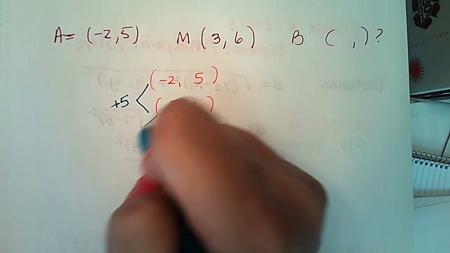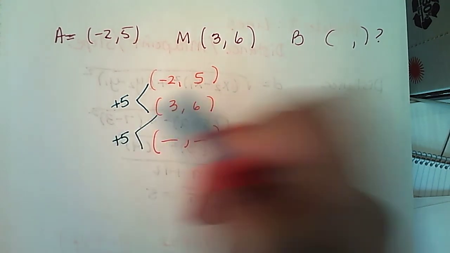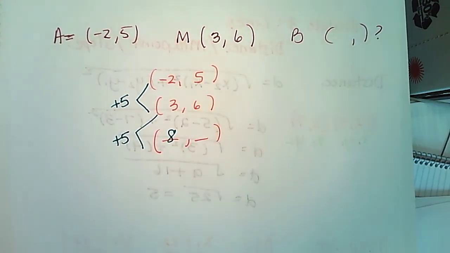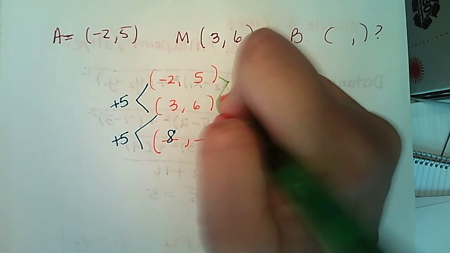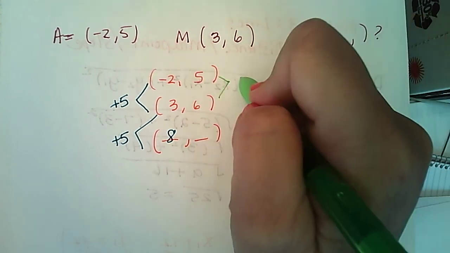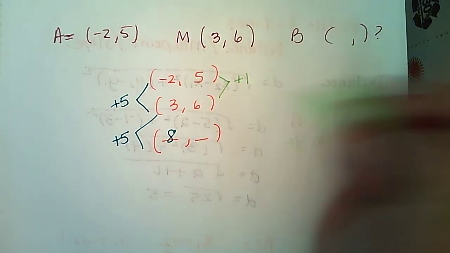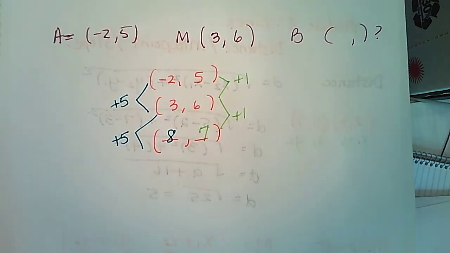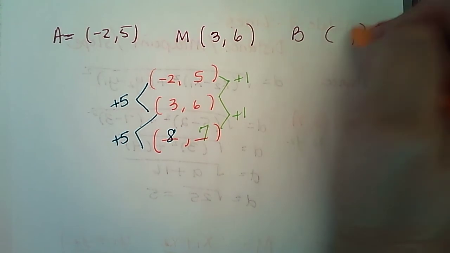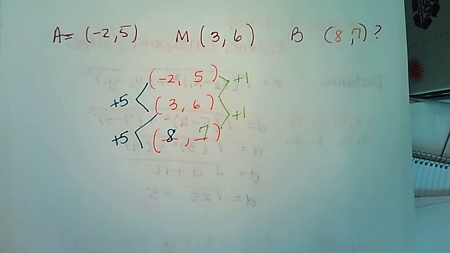That means from this 3, I've got to go plus 5 again to get 8. On this side, I'm only looking at the y's. 5 to get to 6, I only added 1. That means if I add 1, I'm at 7, so (8, 7) is my other endpoint.